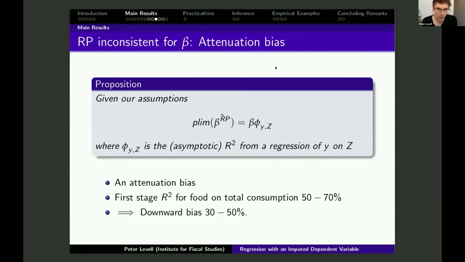For example, in those cases where people were regressing food on total consumption, they were getting R squareds of between 50 and 70%, and that implies a downward bias in their coefficients of 30 to 50%. So the magnitude of these biases can be quite large.